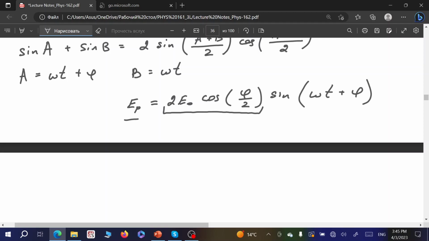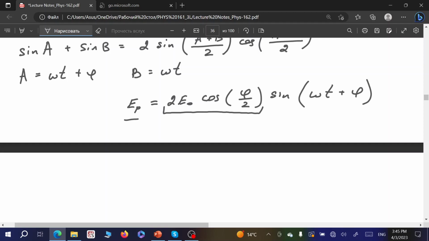So the maximum amplitude will be defined when phi is equal to 0. So cosine 0 is unity, and if we consider just this part, the amplitude will be 2 E naught.